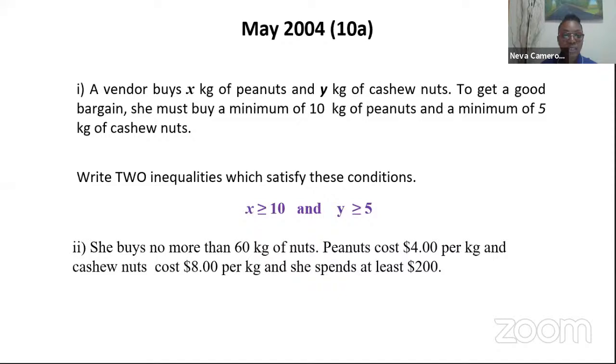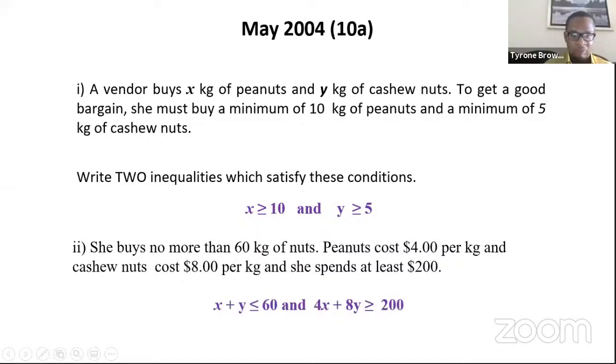All right, so let's see what two inequalities we came up with. I'm seeing a few of them putting it in the chat. All right, indeed. So when we're looking at nuts, we were actually referring to both the peanuts and the cashew nuts. So x plus y less than or equal to 60 is correct.